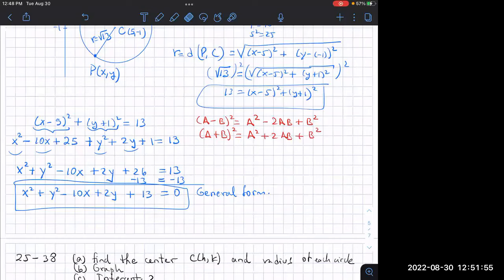Is the screen black for you guys? No. Let me leave and rejoin.